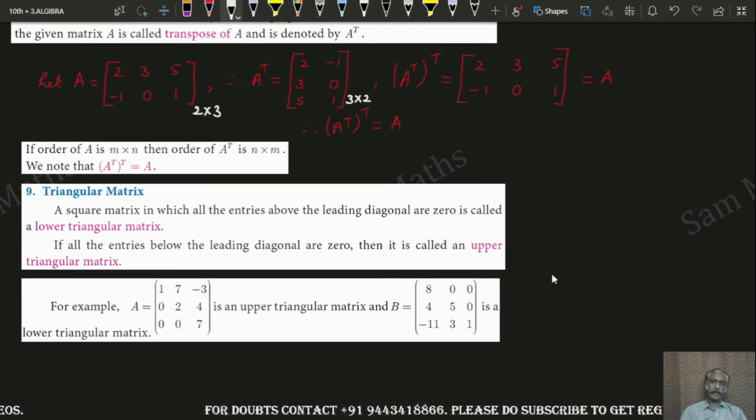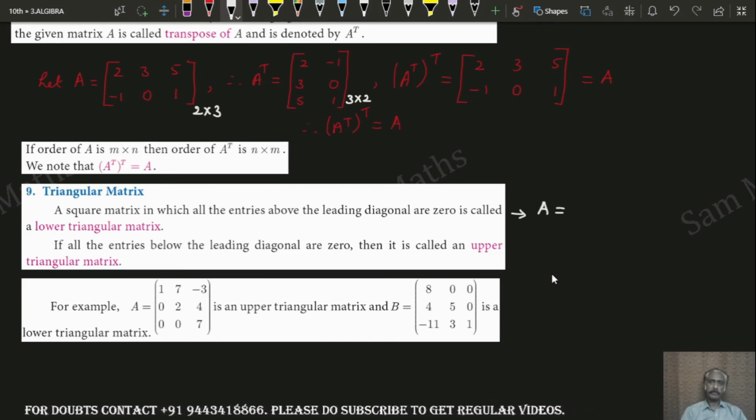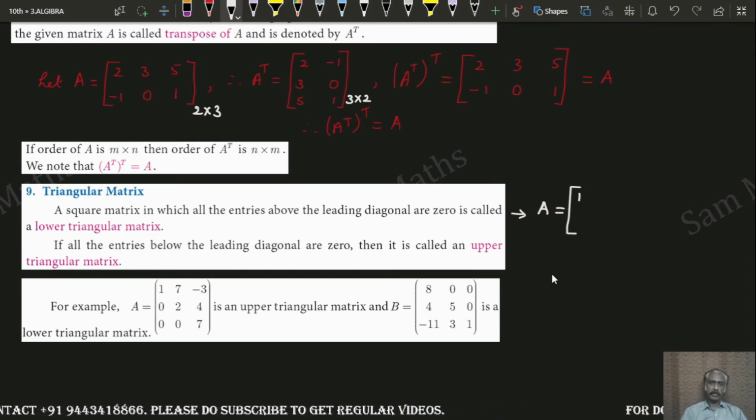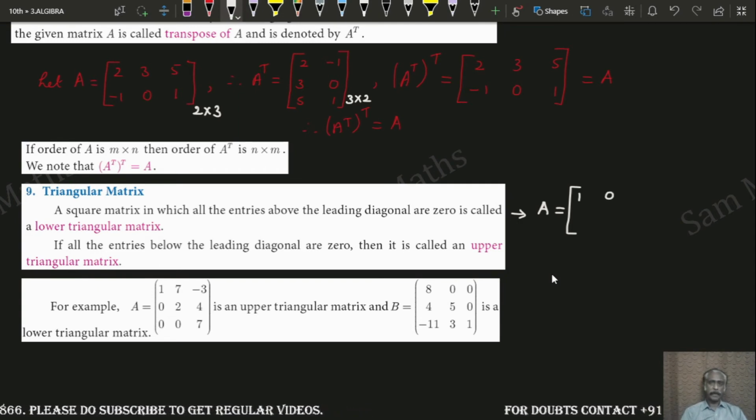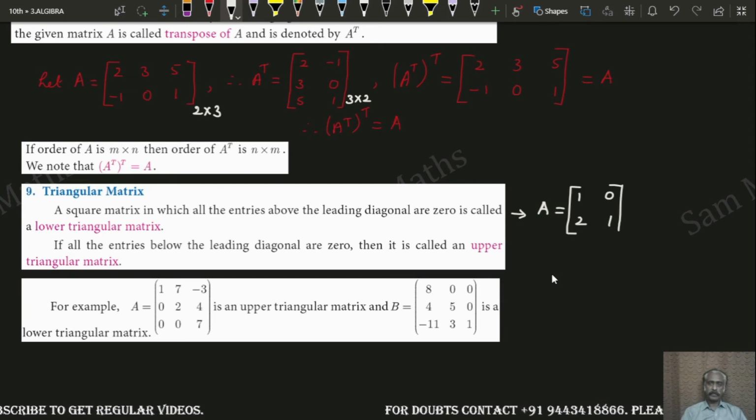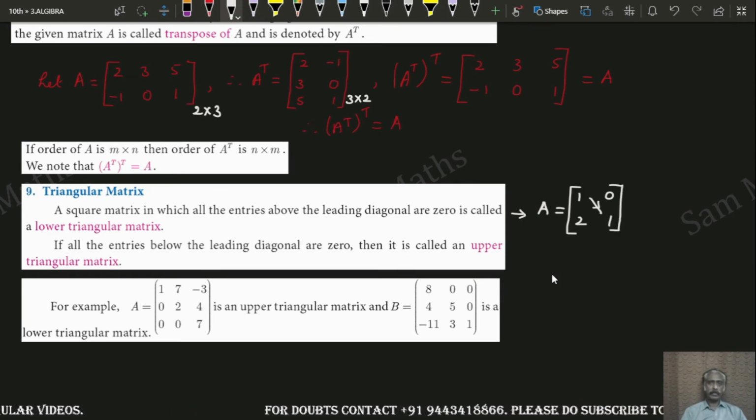For example, there is a matrix I am assuming A: 1, 0, 2, 1. Now, this is the leading diagonal. Above this, all the entries are 0.